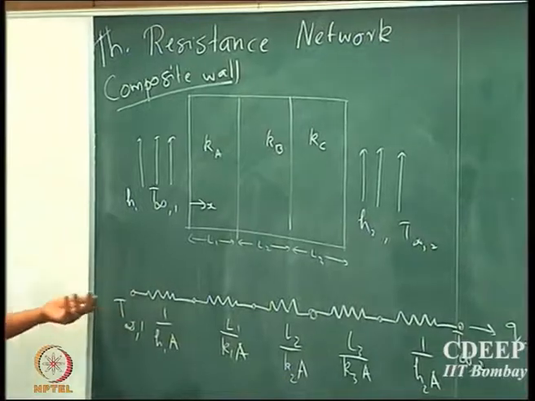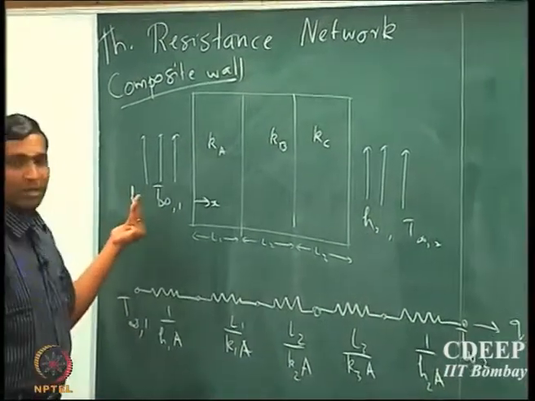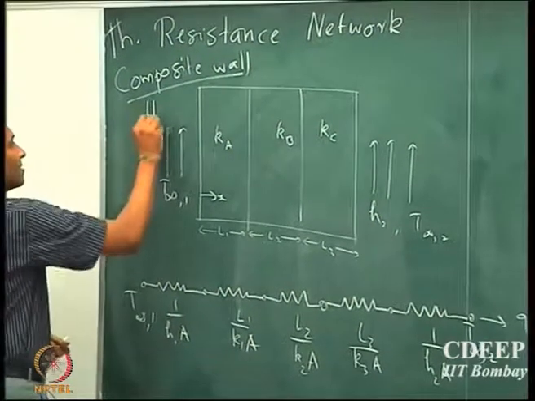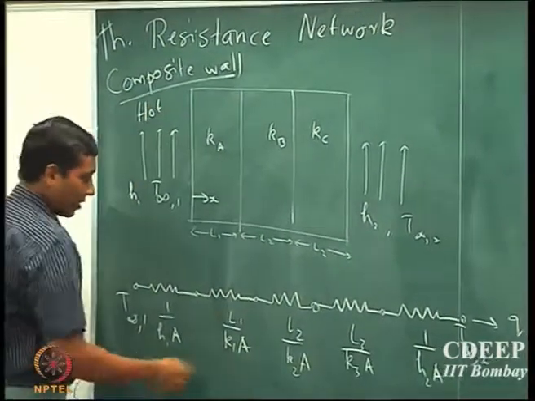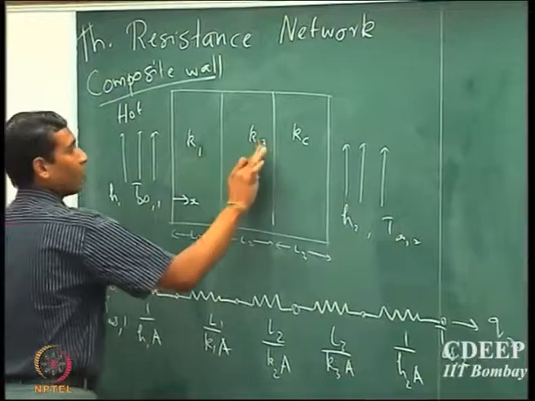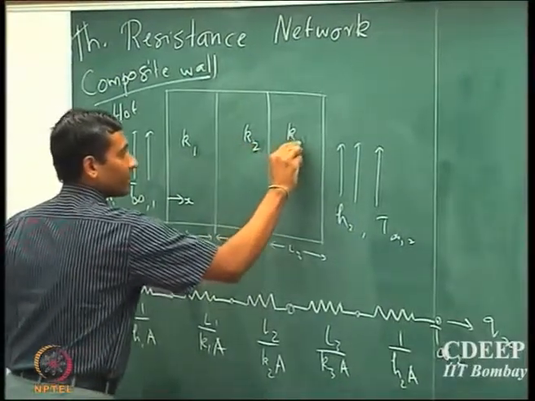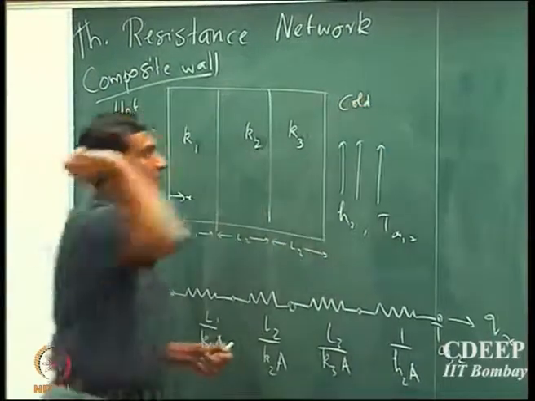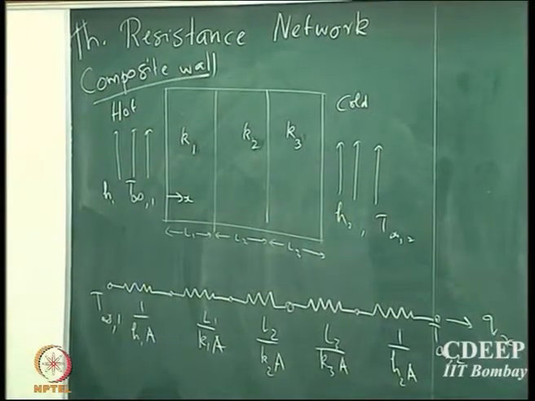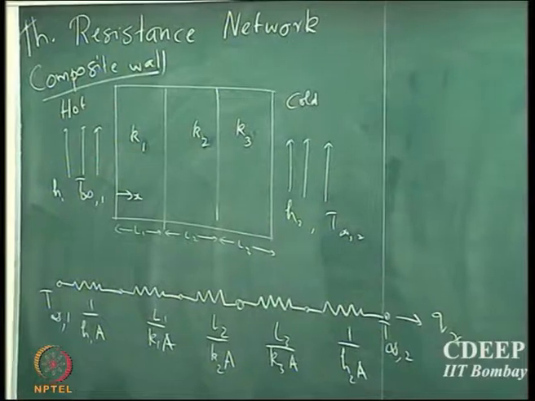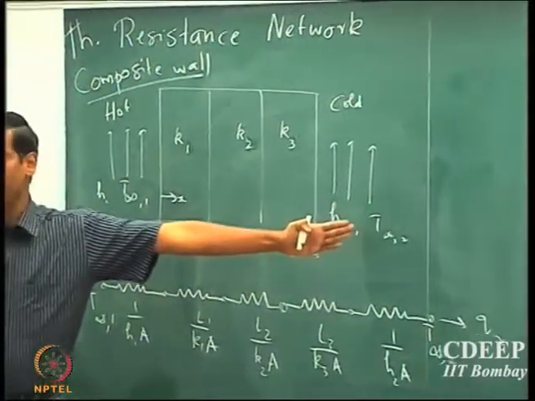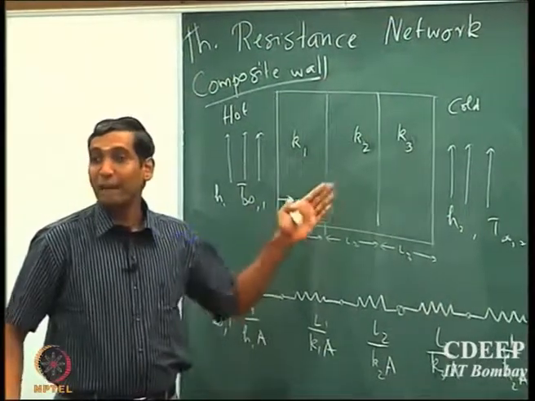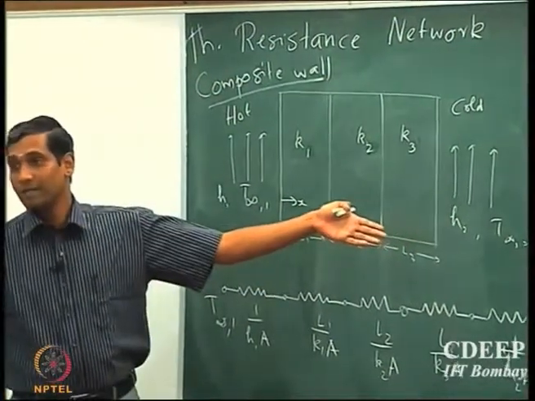So I need to know what is the total amount of heat that is transferred from, let's say, hot fluid on this side. Okay, so I can put 1, 2 and 3. And cold fluid on this side. Okay. So I want to know what is the effective heat transport that has occurred from the hot fluid to the cold fluid, and that is simply because I may not be able to measure the temperatures in between.